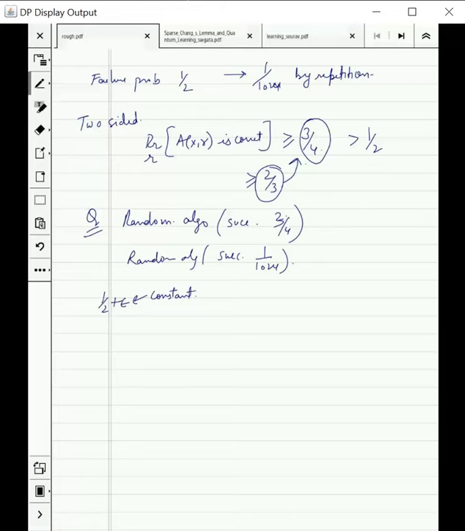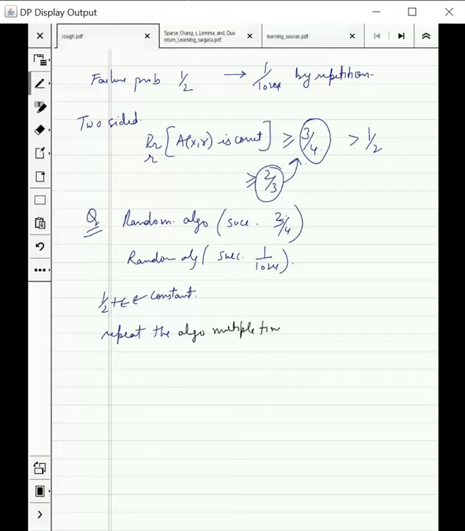And now I want to succeed with much higher probability. So what can I do? Pause the video, think about it. Can you think of a strategy to reduce the error? I think this strategy is actually pretty natural. Remember that in the case of one-sided error, we repeated it and it worked out. In the case of two-sided error, again, we can repeat the algorithm multiple times.